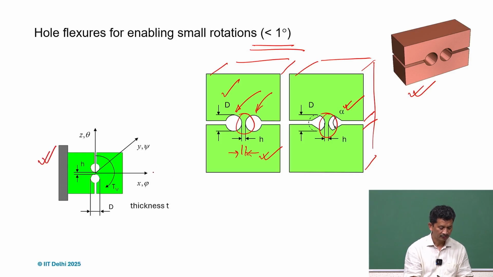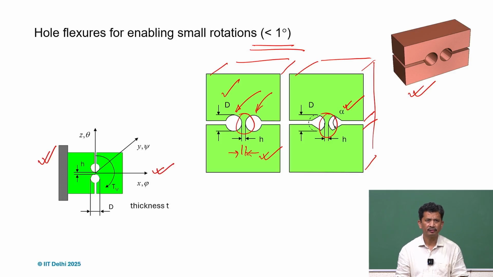For instance, along x, because of the orientation, it is the direction perpendicular with respect to the holes created. This is my constraint direction, and phi is the rotation along x. Again, if it's in 3 dimensions, substantial thickness is there, so that will again be a constraint direction, both translation and rotation along x.